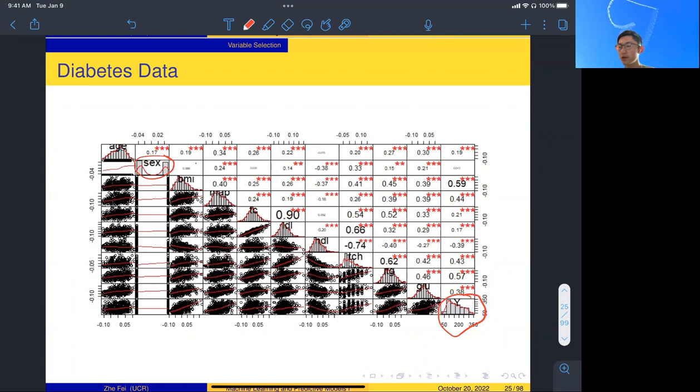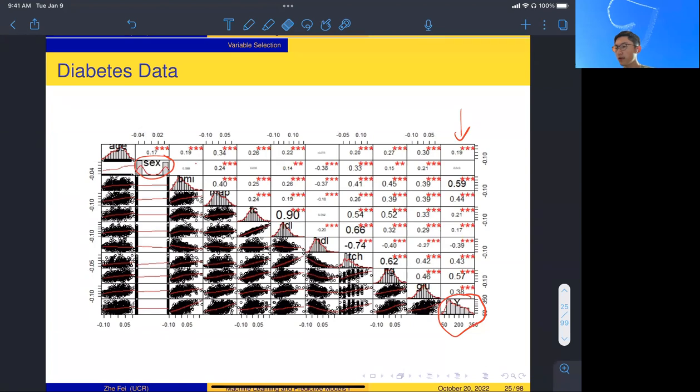On the upper triangle, these are the pairwise correlation, right? So for example, if we look at the last column, that would be the marginal correlation for each of your predictor with the outcome, right? And they are scaled with the size or the scale of the correlation, right?